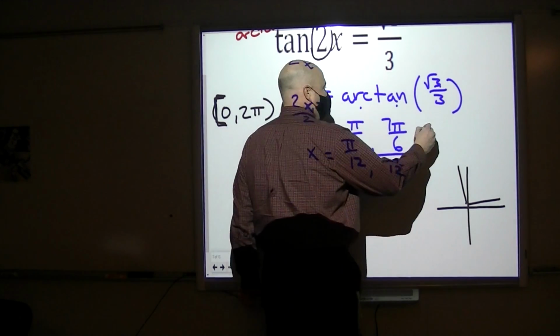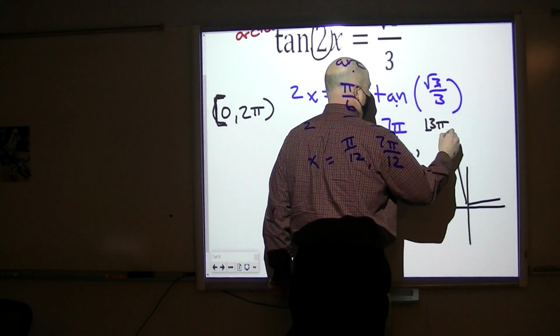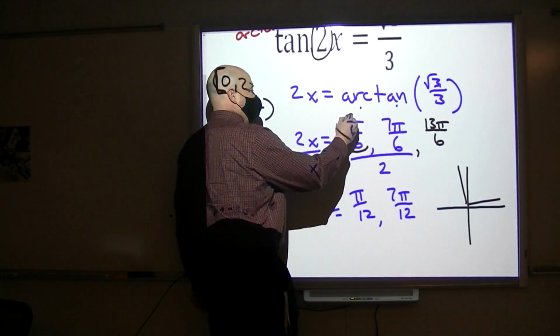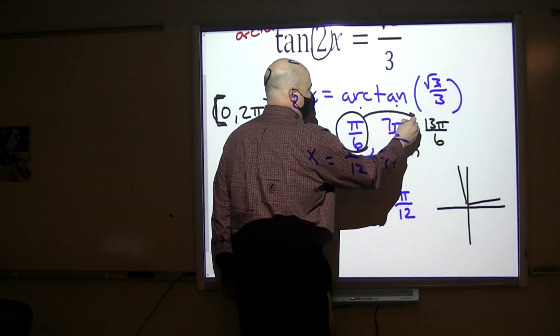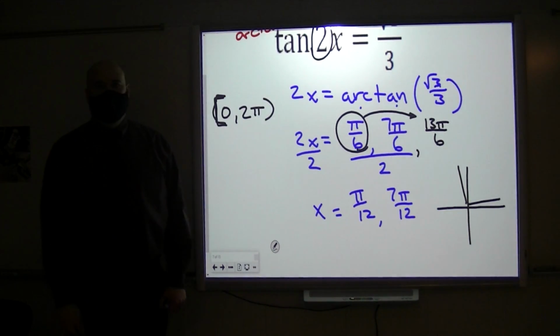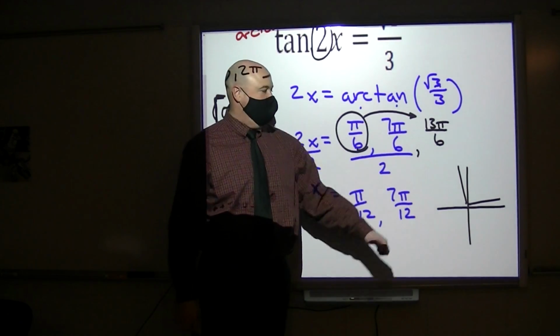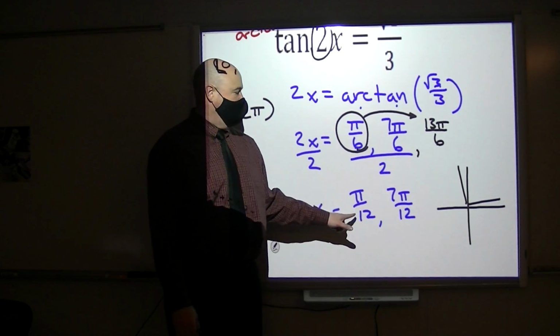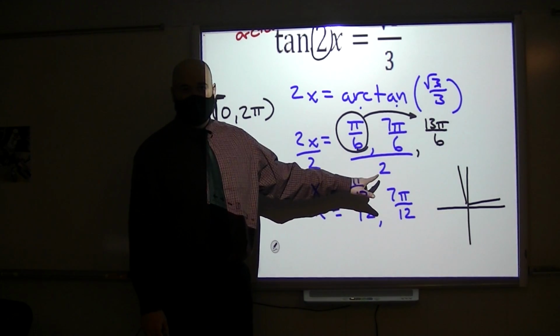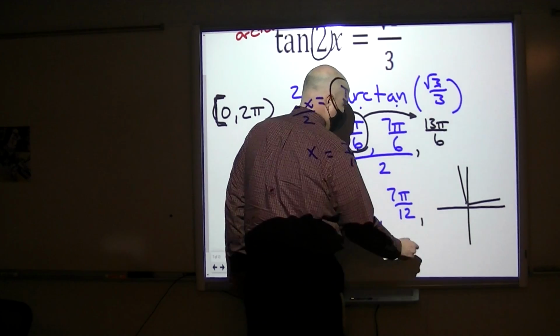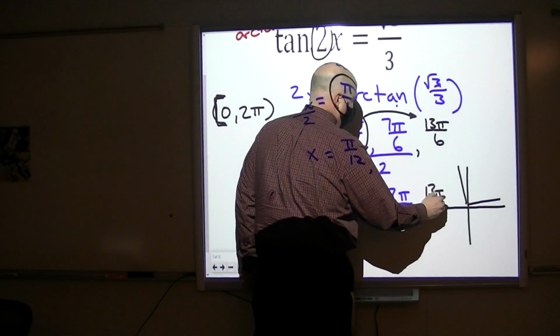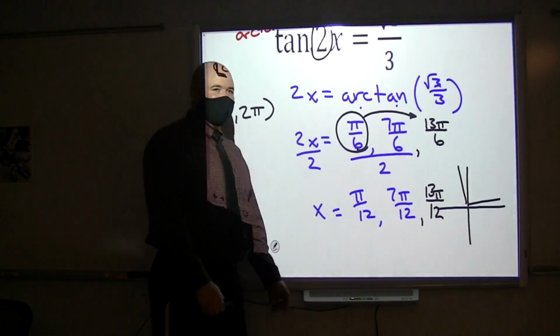So if we add 12 pi over 6 to this, I get 13 pi over 6. And if I divide 13 pi over 6 by 2, I get 13 pi over 12. That's a solution.